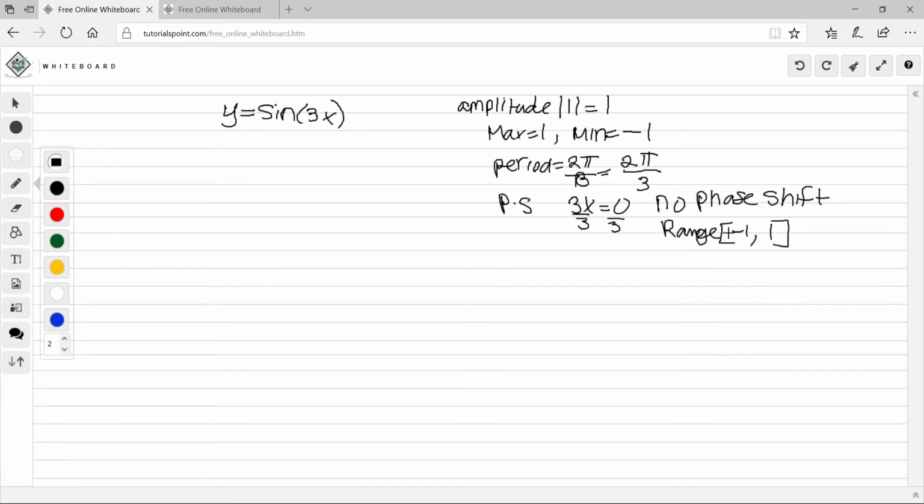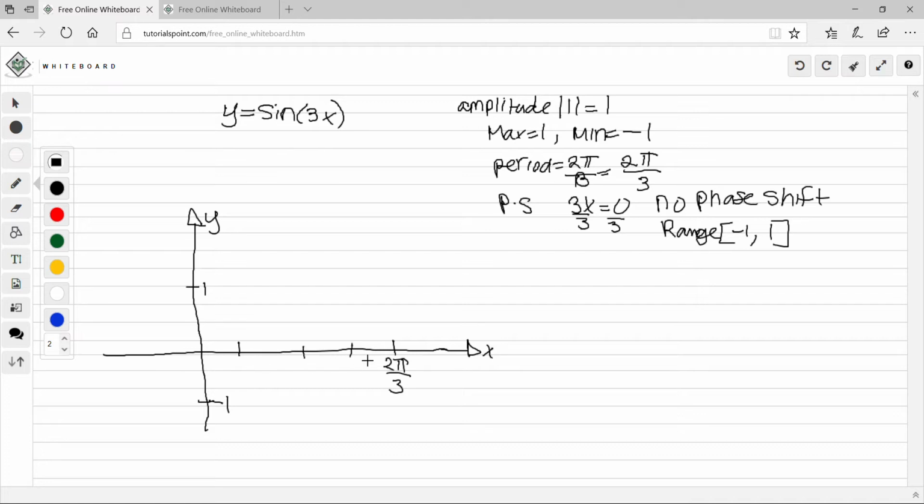Okay, so start graphing. So here's 1. Here's -1. So our period is 2 pi over 3, so here's 2 pi over 3. So we need 3 points right here, 1, 2, 3.